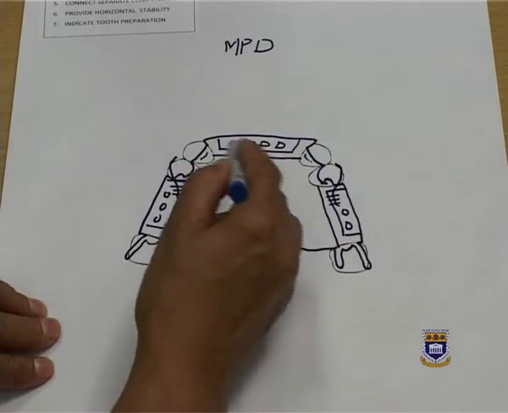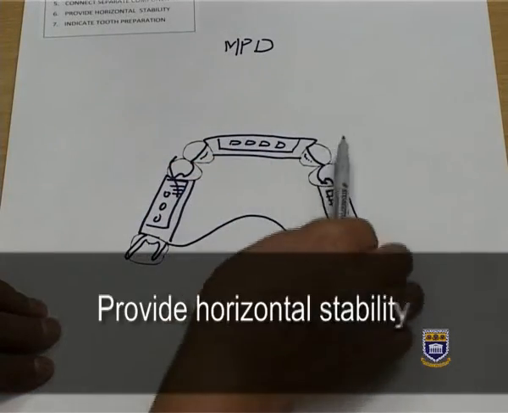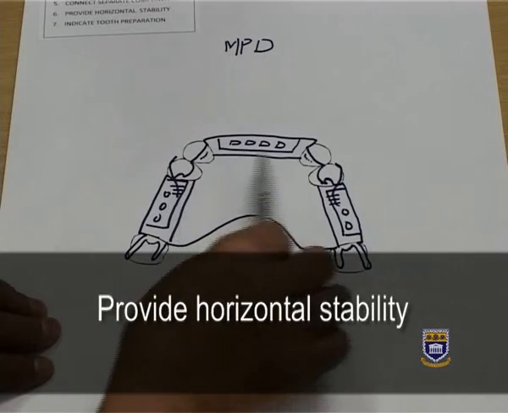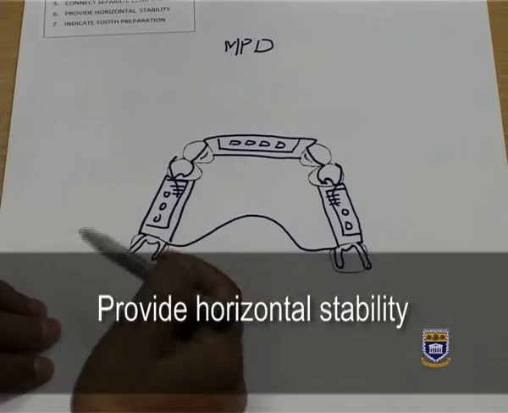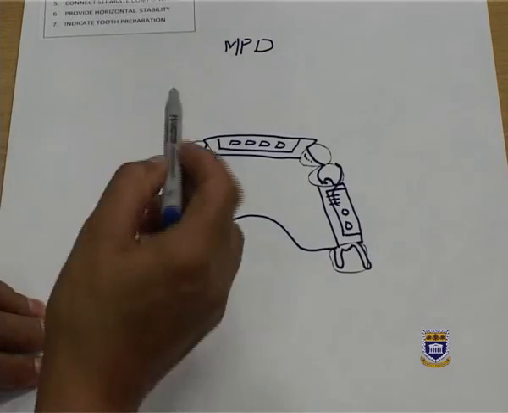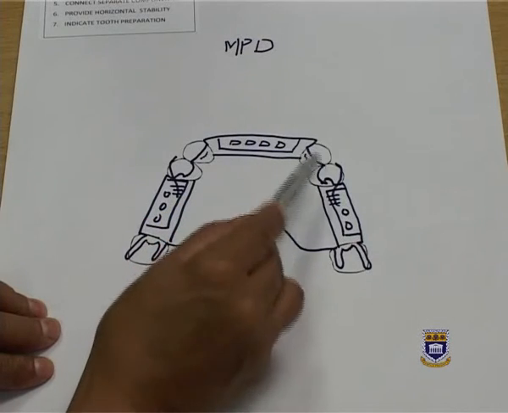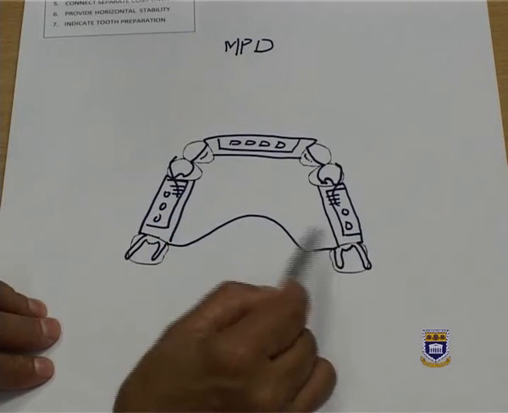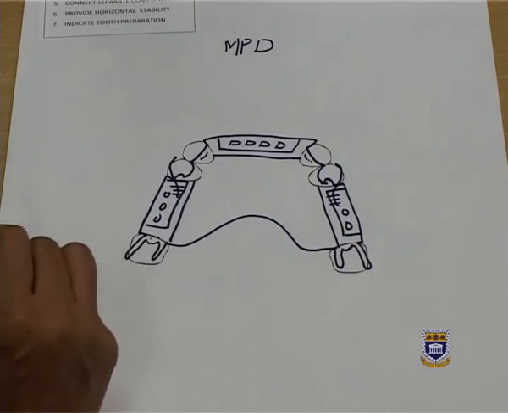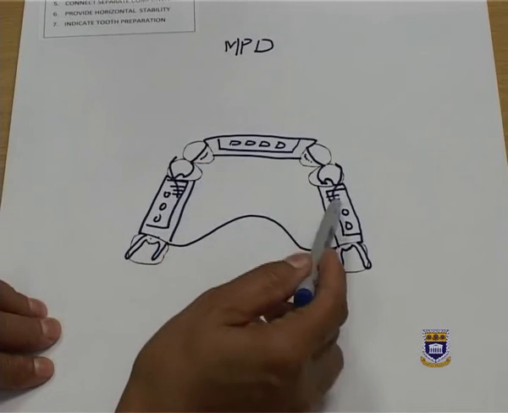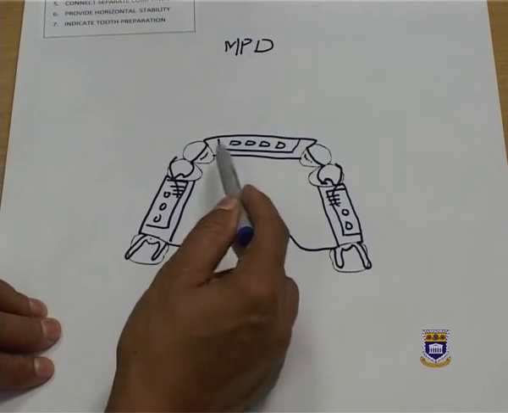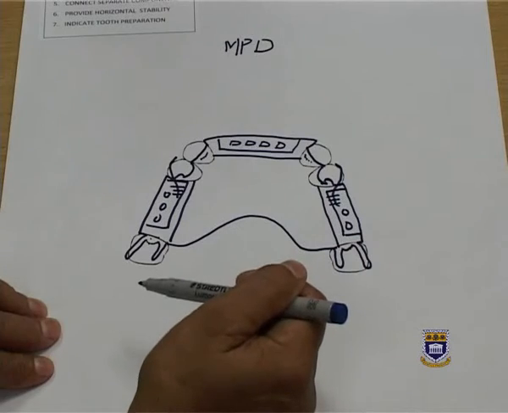I've looked at whether I have provided horizontal stability, and I've used a palatal plate as a major connector. I've got 1, 2, 3, 4, 5, 6 rests. The number of rests is determined by the number and the size of the saddles.